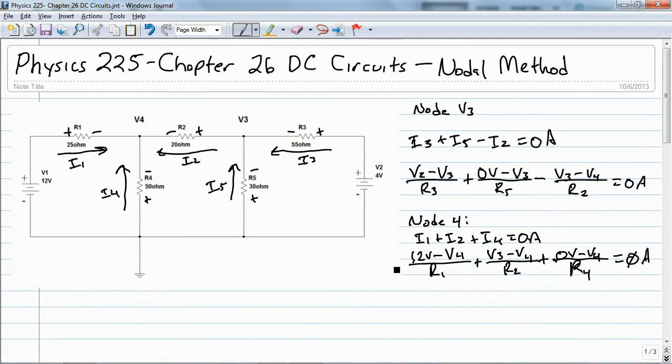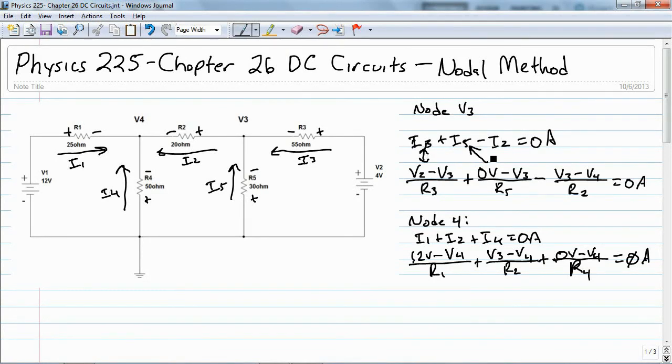And now you can solve for V3 and V4. And once you get V3 and V4, then you're just going to put it back into these relationships. I3 is going to be equal to V2 minus V3 over R3. Well, you know V2. You'll calculate V3 and R3 you have, so that's going to be equal to I3.